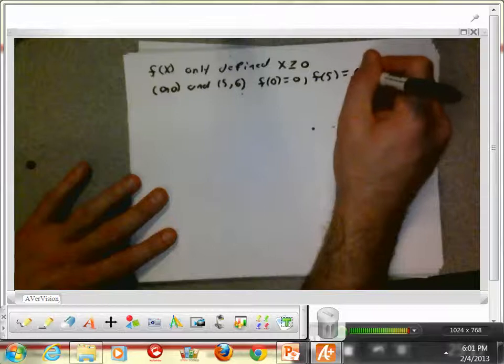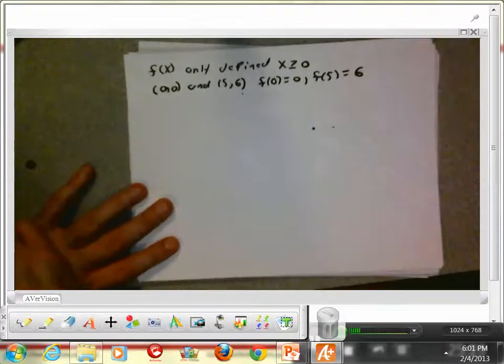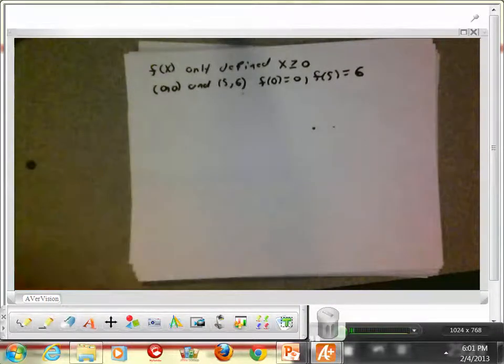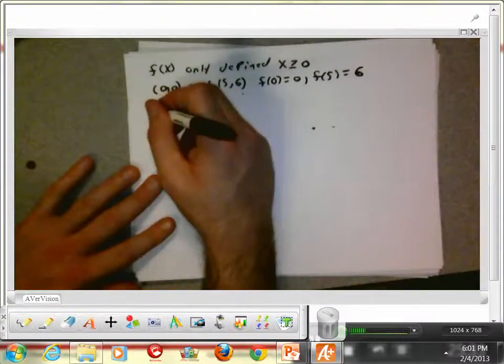Very good. The next thing is that f prime of x is greater than 0 for x greater than 0. So if we're greater than 0, what's the function doing? It's going up.